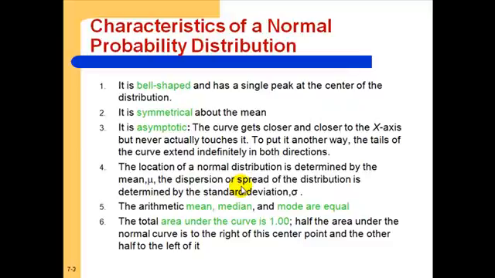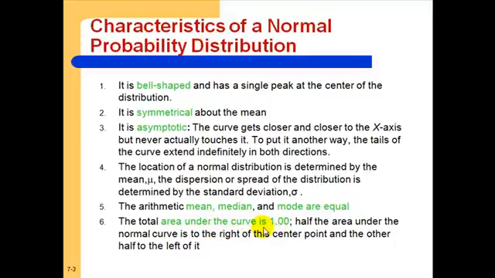The dispersion or spread of the distribution is determined by the standard deviation, sigma. The arithmetic mean, median, and mode are equal. The total area, this one is very, very important, okay? The total area under the curve is 1.